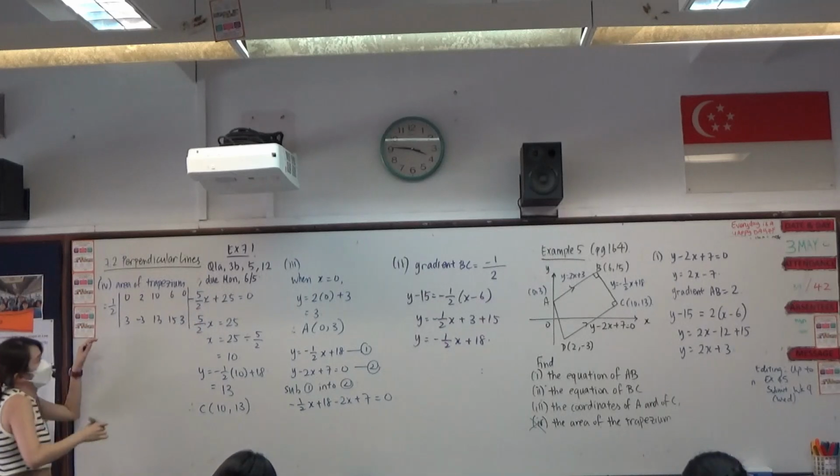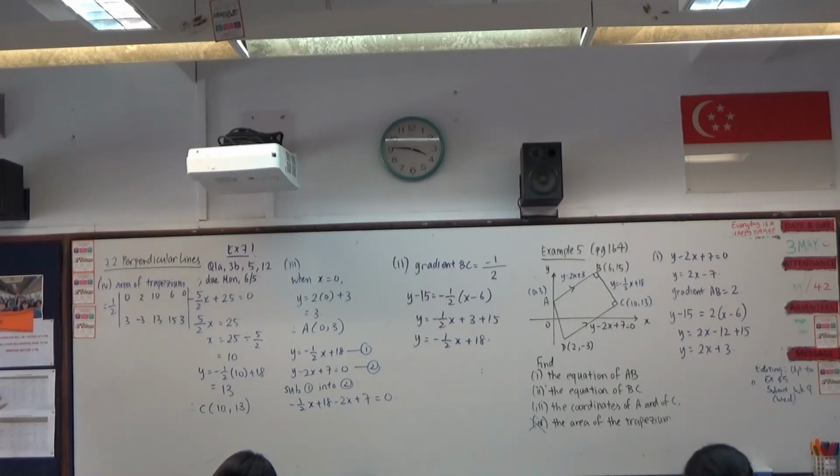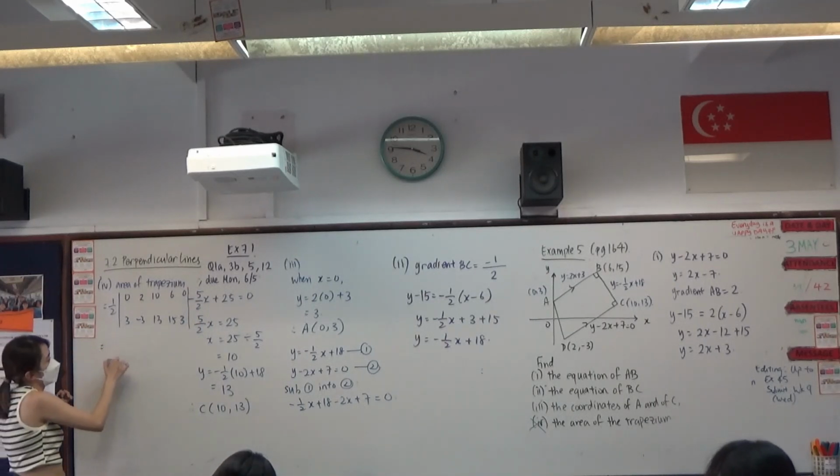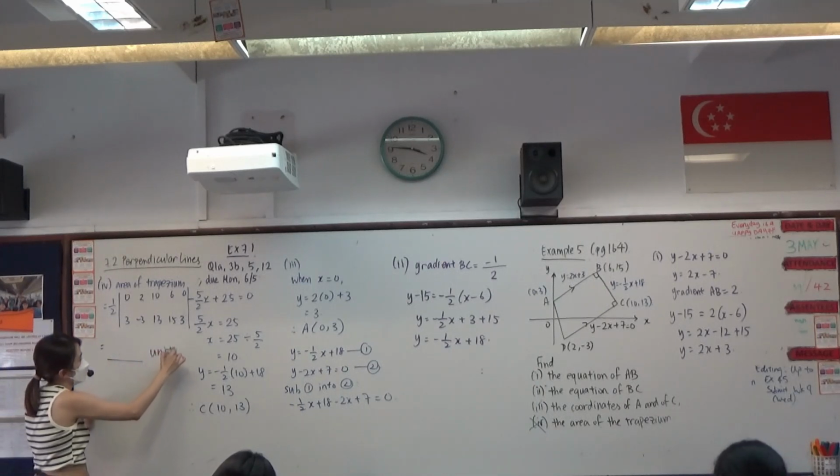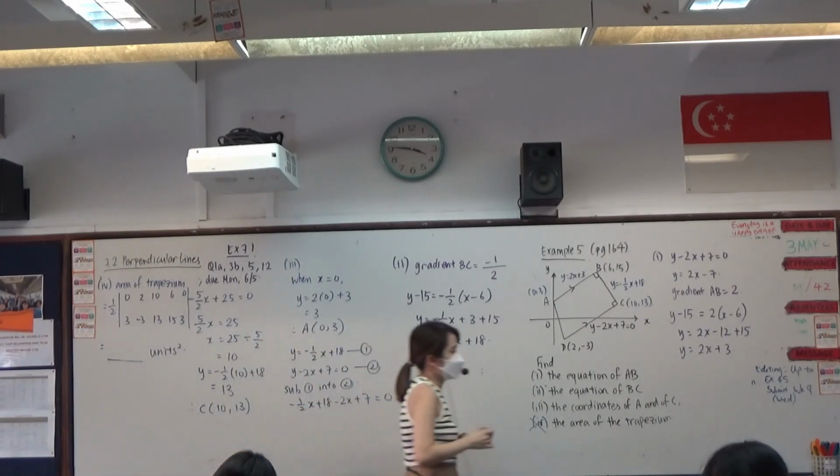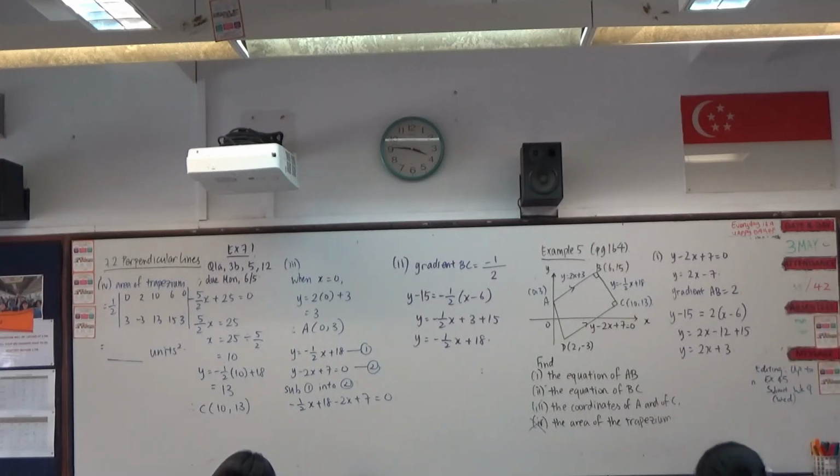We will be using a formula that looks like that. I'm not going to cover it. It will give you the answer very easily. I'll come back to that when we reach chapter 7.4.